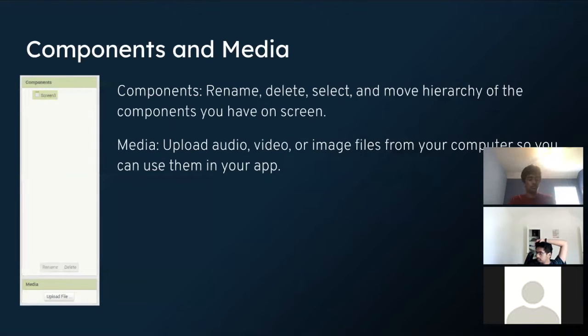So now let's look at what the components in media is, right? The components in media is where you can upload certain files or sound or whatever you'll need when you're building your app. Let me give you an example. Let's say you're trying to build an alarm, right? You'll need a certain type of sound for that, correct?